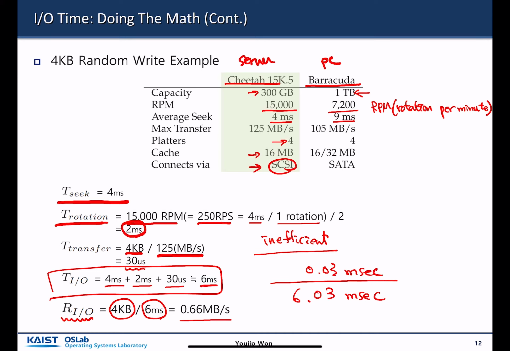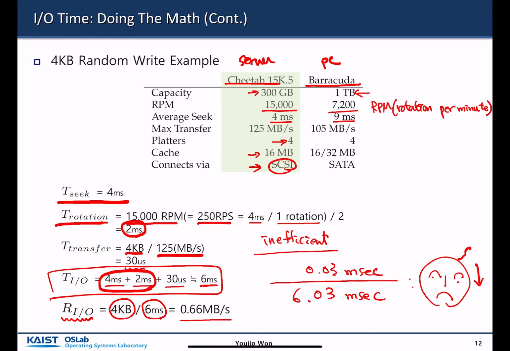The rest of the time is spent on moving the disk head and moving the disk platter. So this is very inefficient. This guy is emotionally down because it's inefficient.